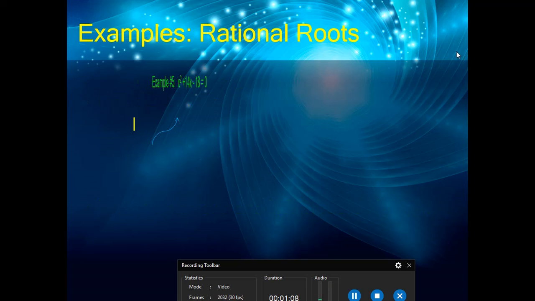So, picking up with example number 5 in our packet, my quadratic equation is already in standard form. Remember, we separate into two sides. We have the quadratic and linear term on the left. The constant is moved to the right. So I'm going to add 18 to both sides. And when I do that, I'm going to make space now for my perfect square trinomial.